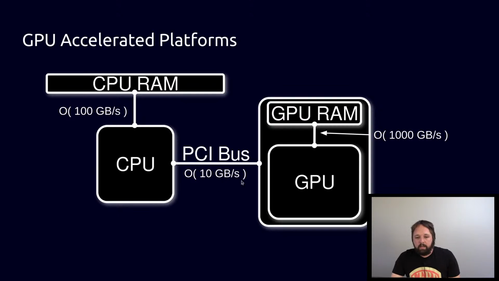So this connection right here, the PCIe switch, is by far the slowest point in this whole system. So if you're using this part of the hardware quite a bit, your application is going to tend to run slow. So usually the first thing I try to tell people to do when they're porting to GPUs for the first time, of course, is you want to get your kernels, your major functions and subroutines that occupy most of the time, running on the GPU.